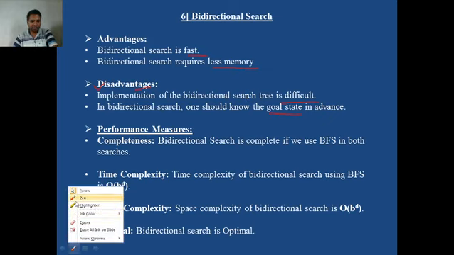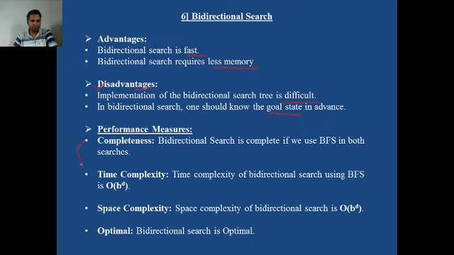Performance measures, again we will check four performance measures. What is the performance of bidirectional search? Regarding completeness, it is complete if we use breadth first search in both searches. That means if both the forward and backward searches use the breadth first search technique, then and only then it will be complete, otherwise the algorithm is not complete.